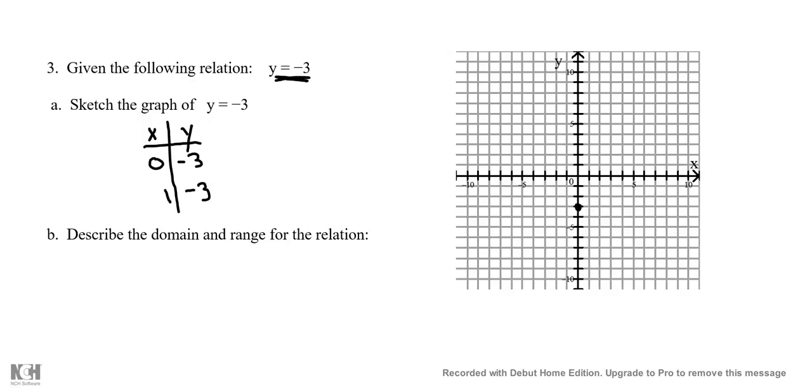I'm going to go over 1, down 3, put a point, and we see that these 2 points make a line that just goes horizontally left to right forever in both directions.